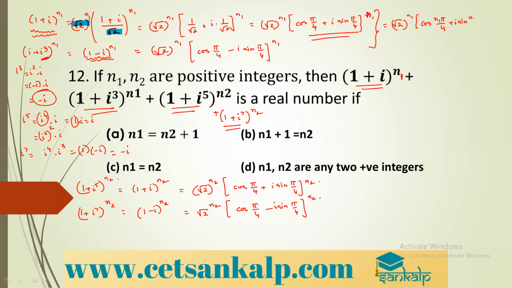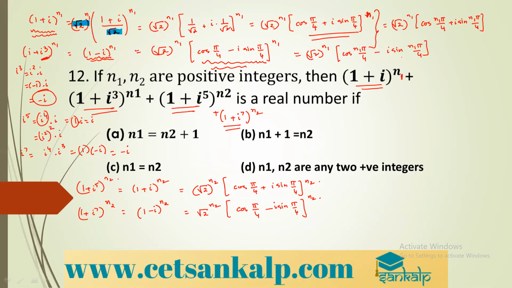This is what I have for (1 plus i) power n1. Similarly, here also I will apply De Moivre's theorem: root 2 power n1, cos of n1 times pi by 4 minus i sin of n1 times pi by 4.